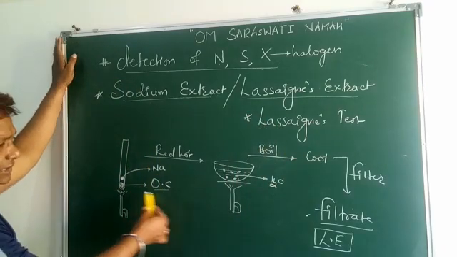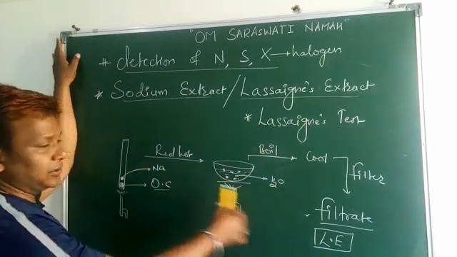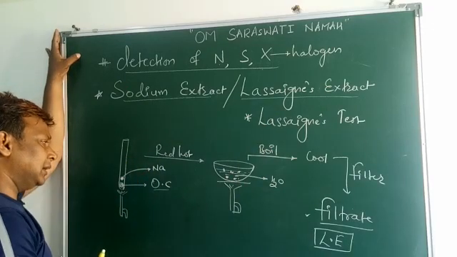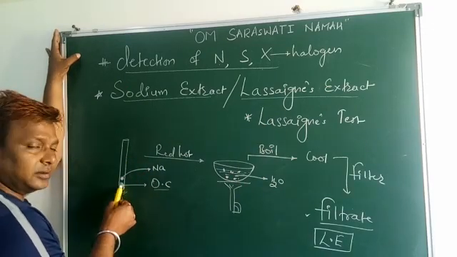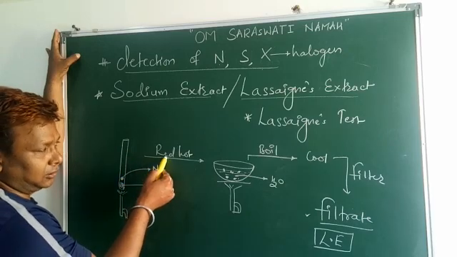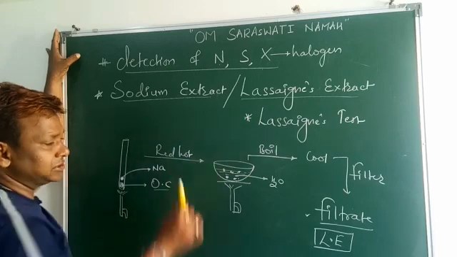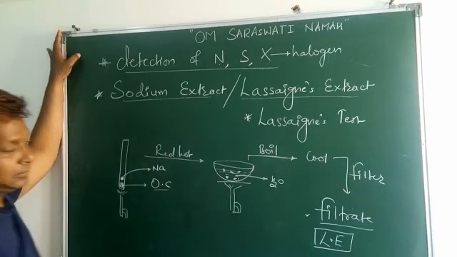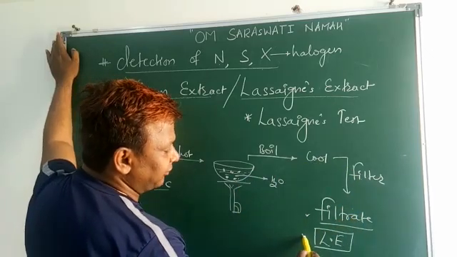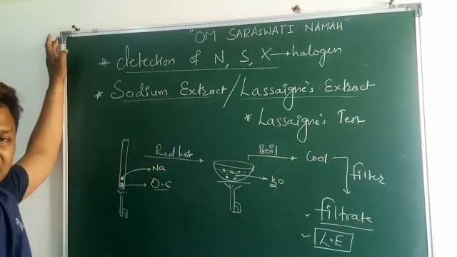So how to prepare this Lassaigne extract or sodium extract? This is the process. Once again in short: take a capillary tube, put the organic compound in it, keep a small piece of sodium on it and heat it till it becomes red hot. Crush this red hot tube into the crucible containing water, then boil it, cool it, filter it. We get the filtrate. The obtained filtrate will be called the Lassaigne extract.